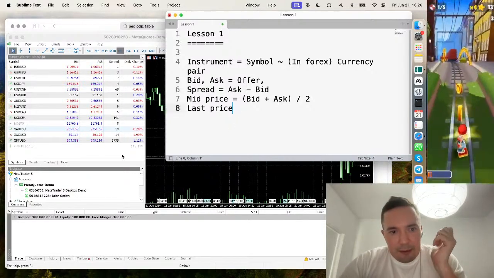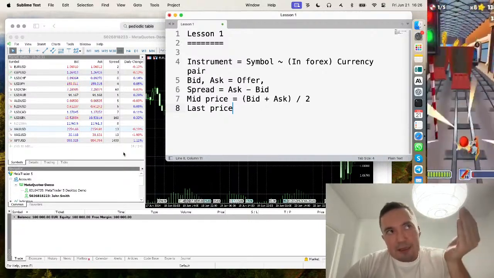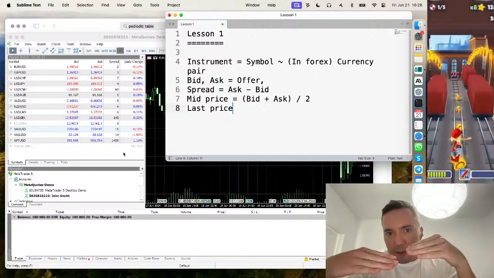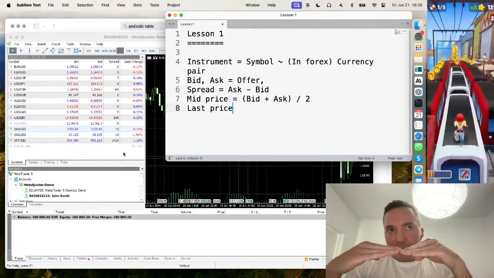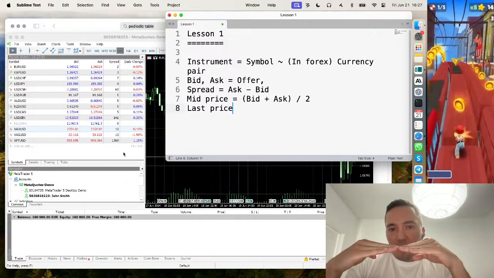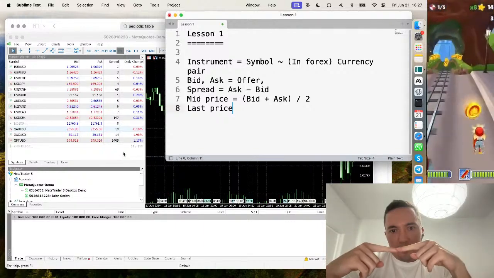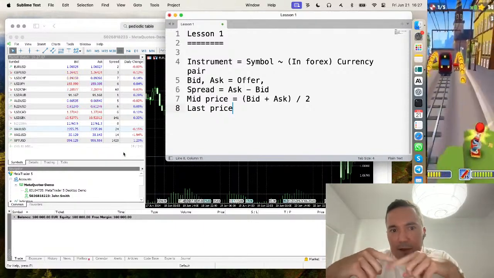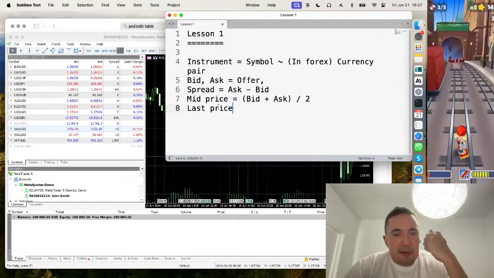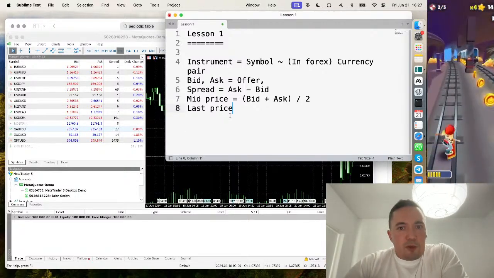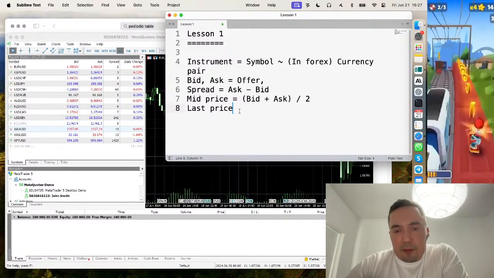So if somebody buys at some price, it means somebody also sold at the same price. So both parties agreed on some single price at which one bought and another one sold. And this becomes the last price until a next trade happens. So last price is another way to express that something is worth something.